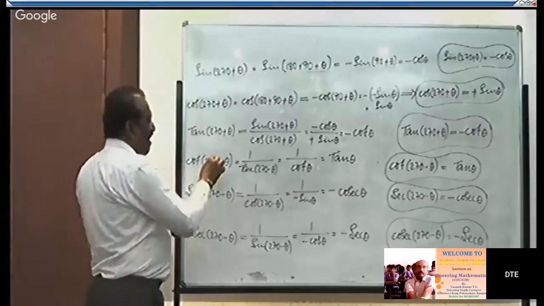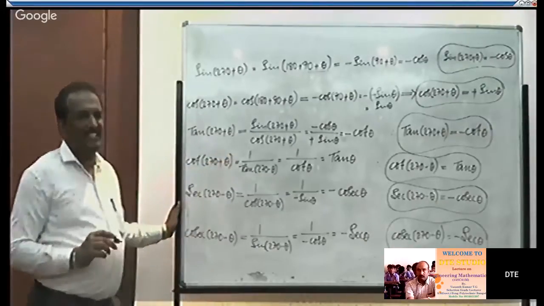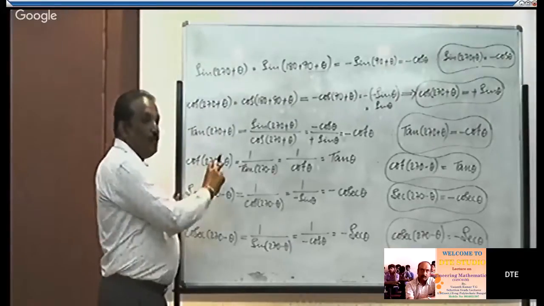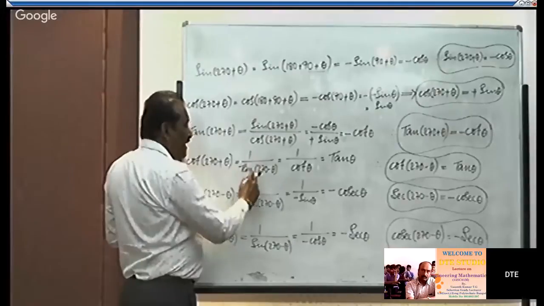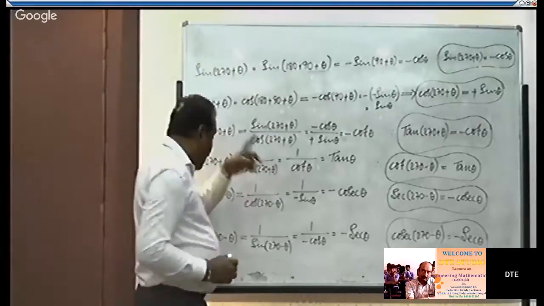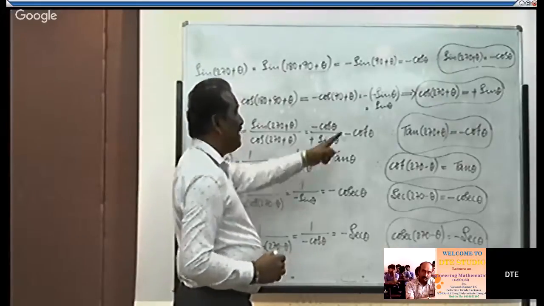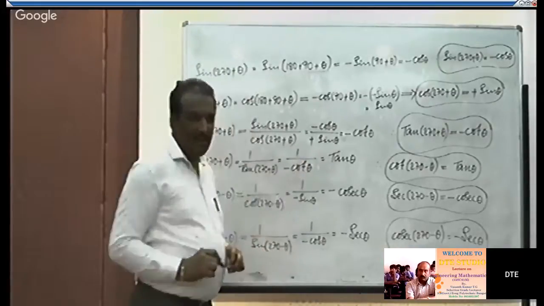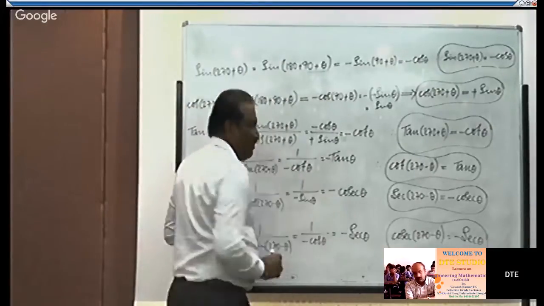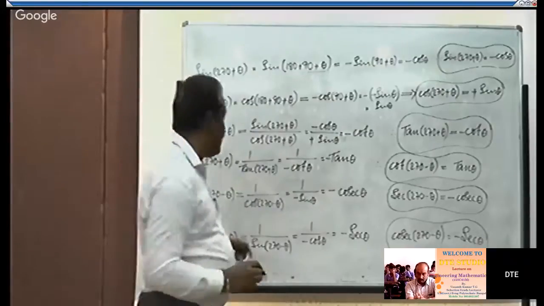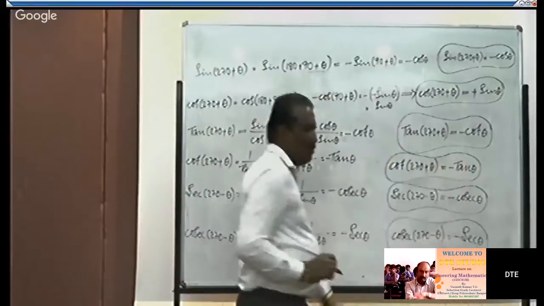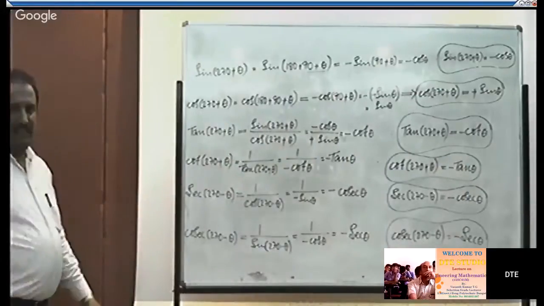Now, cot of 270 plus theta is equal to 1 by tan of 270 plus theta. We proved tan of 270 plus theta is minus cot theta. 1 by cot theta is tan theta, and minus is there, therefore it is minus tan theta. Thus, we can write cot of 270 plus theta is equal to minus tan theta.